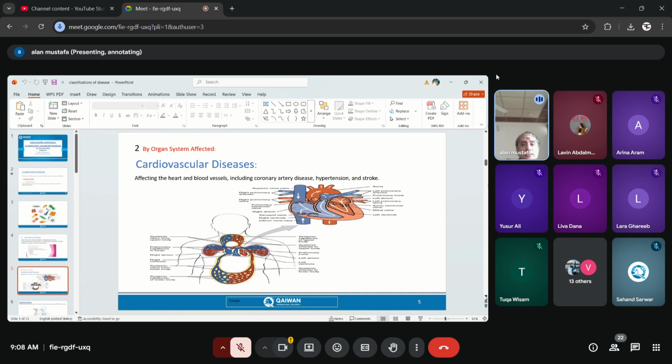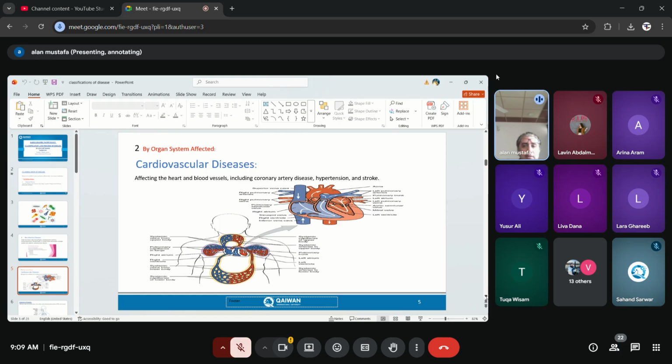So we have the cardiovascular system. The cardiovascular system, all of you know, we mean by this our heart and the circulatory system, the blood vessels. So there are some diseases that affect the heart. We have many common diseases, like myocardial infarction, coronary heart disease, high blood pressure, and we have a lot of congenital diseases.